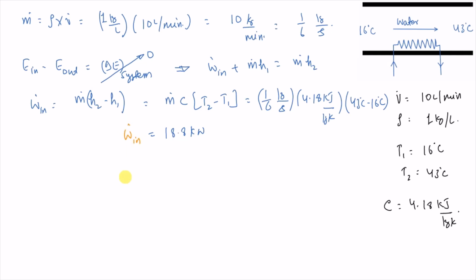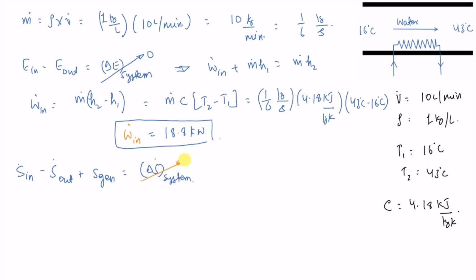Now next we have to calculate the entropy generation. For that we will be applying the entropy balance equation on our system, that is a steady system. So the rate of entropy in minus the rate of entropy out, plus the entropy generation is equals to change in entropy of the system. Now since the system is steady, this term would be 0.